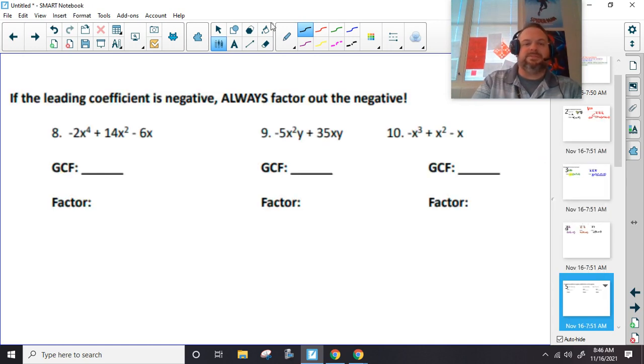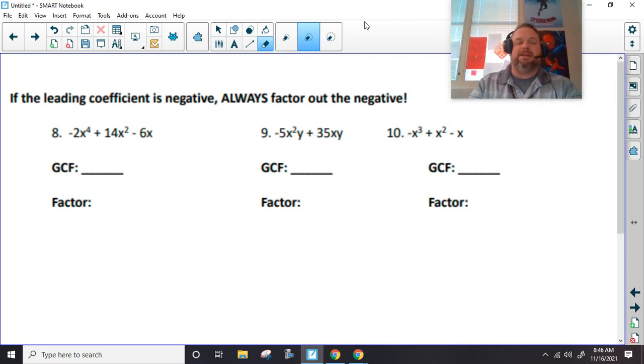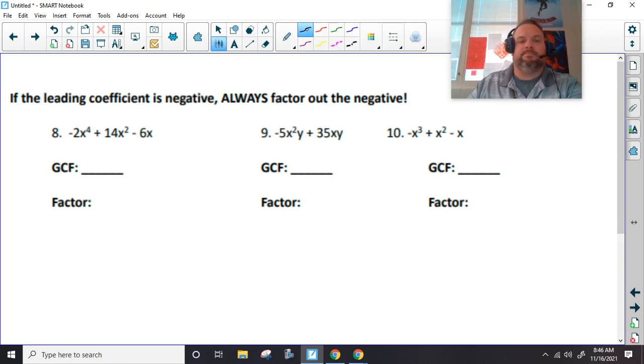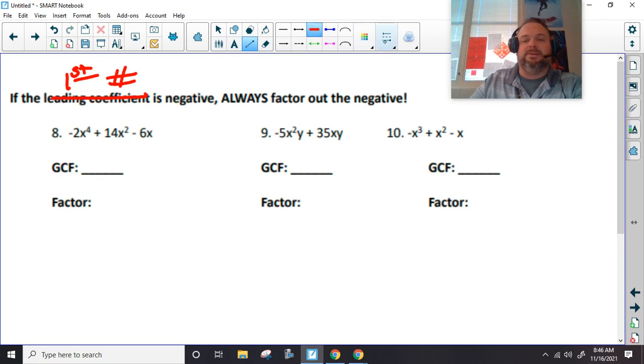All right. So I wonder what this says at the beginning in regular terms. If the first number is negative, you always factor out a negative. So that's what we are going to have to do here.